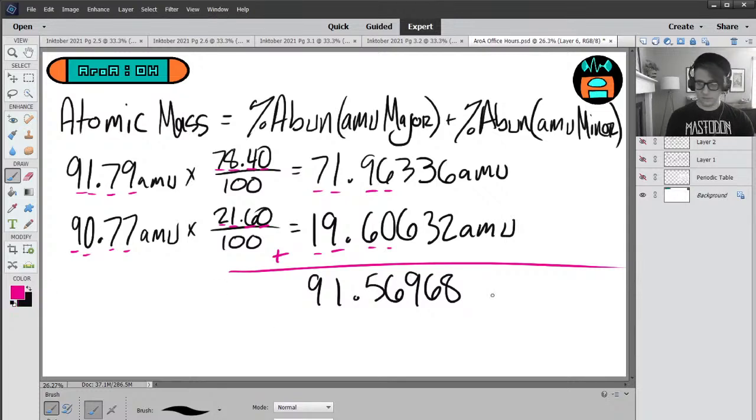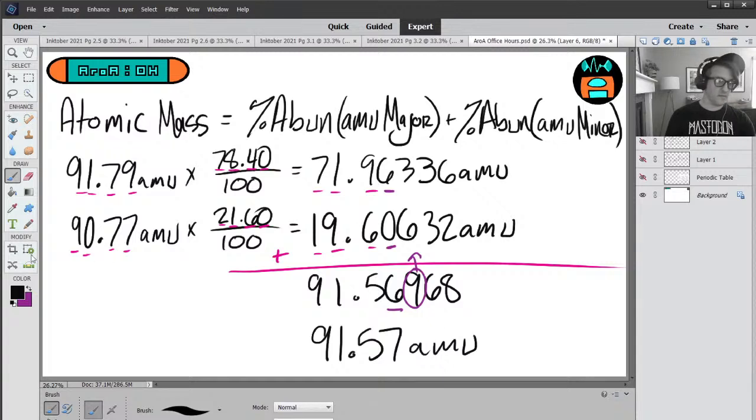However, our last significant digit for both of these numbers is in the second decimal place, so we have to round to the second decimal place, and 9 rounds up. So this is going to come out to be 91.57 AMU.